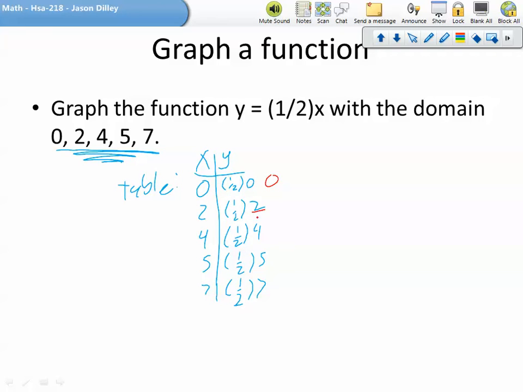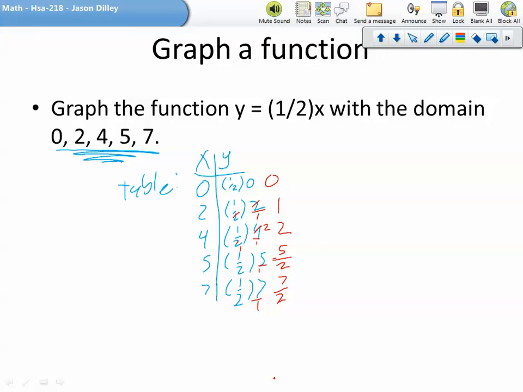Remember when we're multiplying fractions, a whole number is like over 1 and you can kind of cancel the sides, right? That cancels to 1 and that cancels to 2. And so that's 2. This one can't cancel anything. 1 times 5, 2 times 1, that's 5 halves. And it's the same with this one, right? That's 1 times 7, 2 times 1, that's 7 halves.